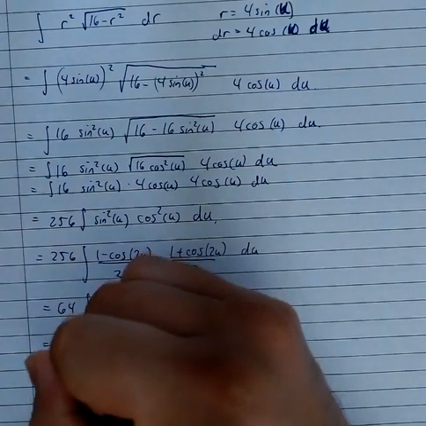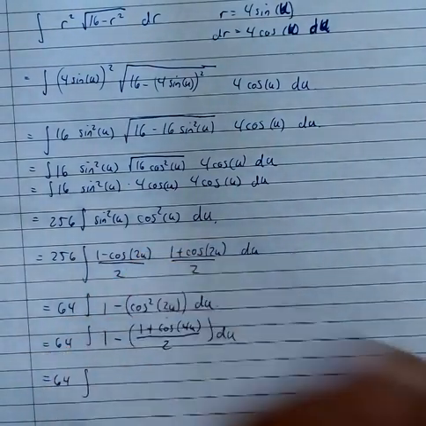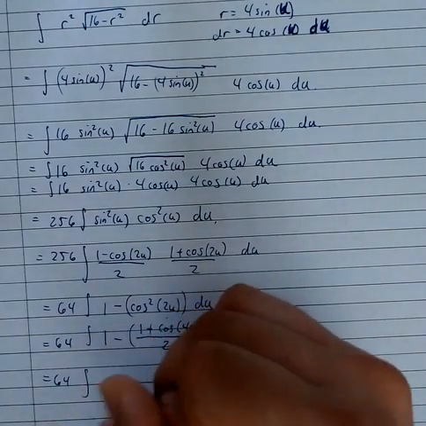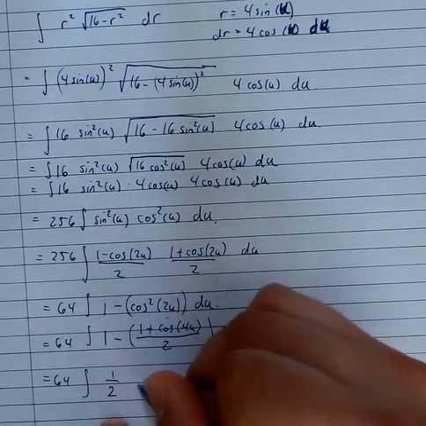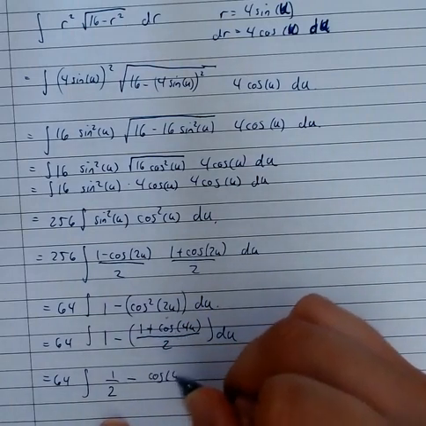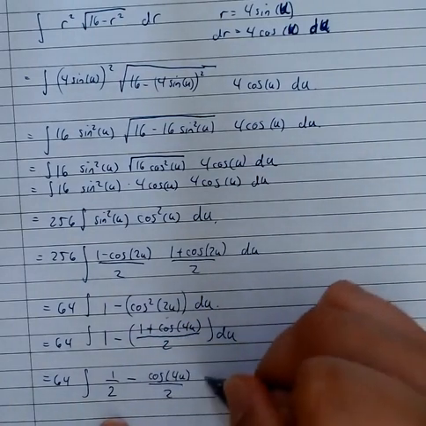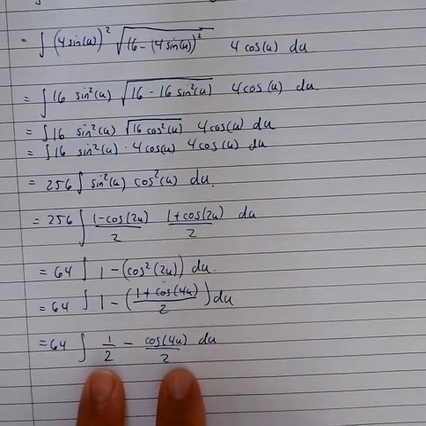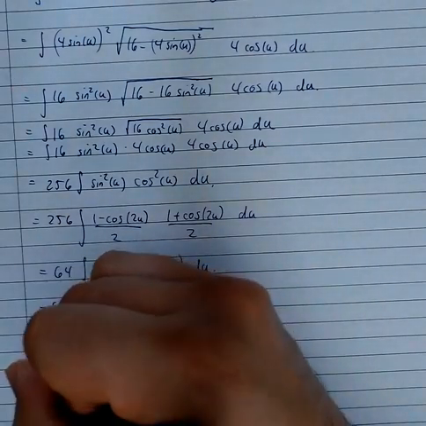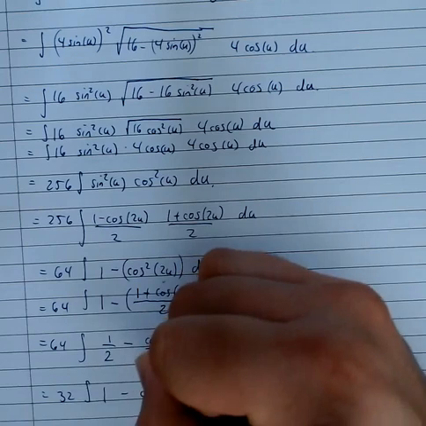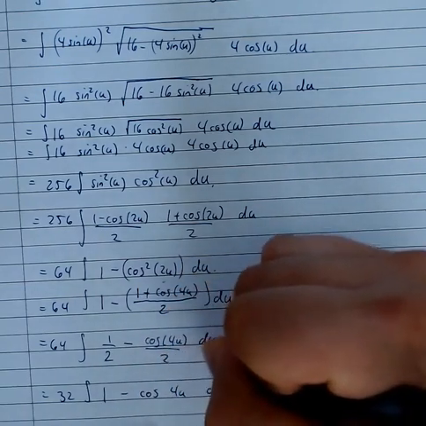That's going to give me 64 times the integral of 1 minus 1/2 is 1/2, minus cosine of 4u over 2 du. I notice there's a common factor of 1/2. So let me factor out the 1/2, and that'll make this 32 times the integral of 1 minus the cosine of 4u du.